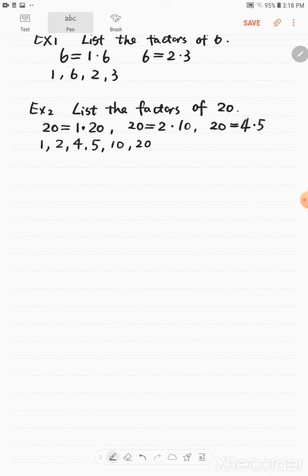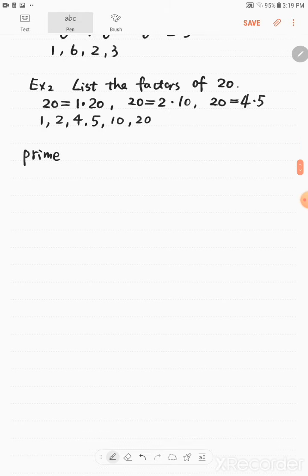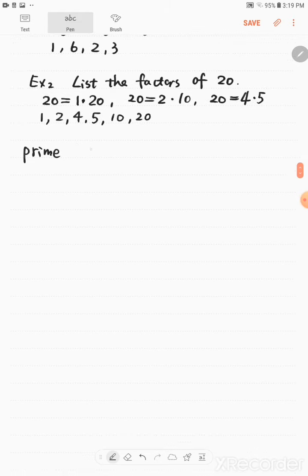Okay? And we need to review what is a prime number and what is a composite number. So, a prime number only has 2 factors. Only has 2 factors: one and itself.